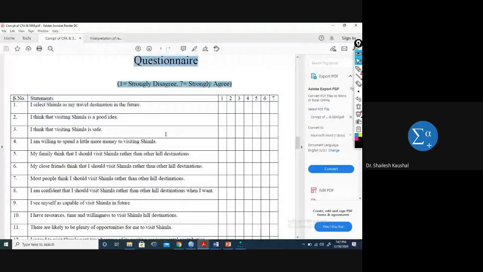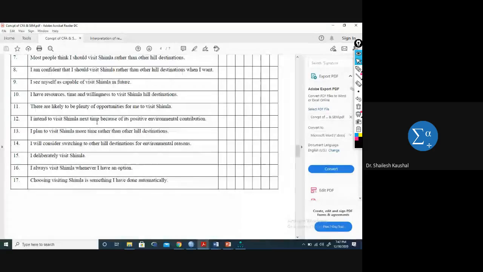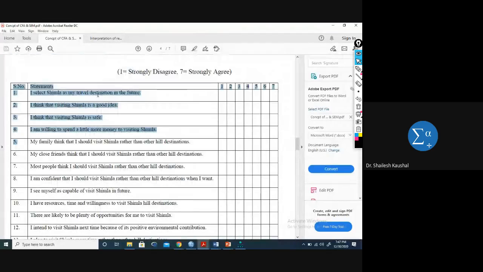I will give this questionnaire to the tourist, and I will ask them, I select Shimla as my travel destination in future. How do you feel about this? Then they can put 1, 2, 3, 4, 5, 6, 7, any one. If they agree with this statement, they can put 6 or 7.